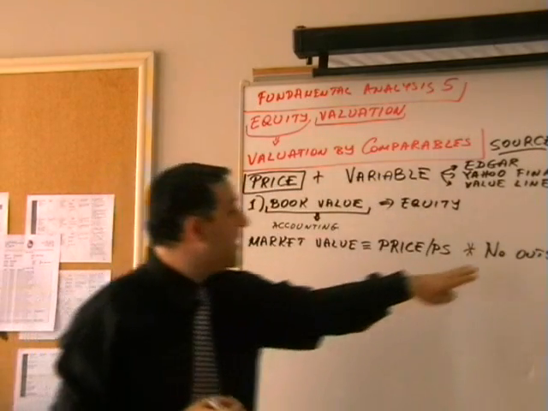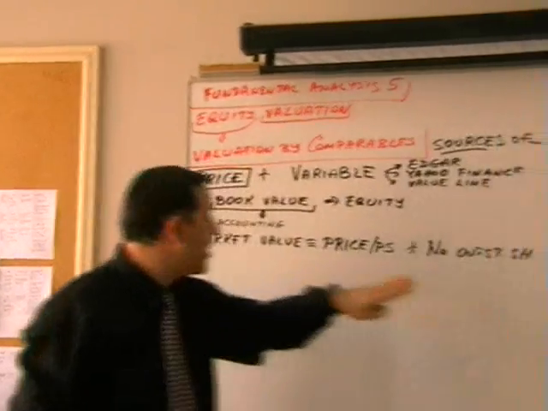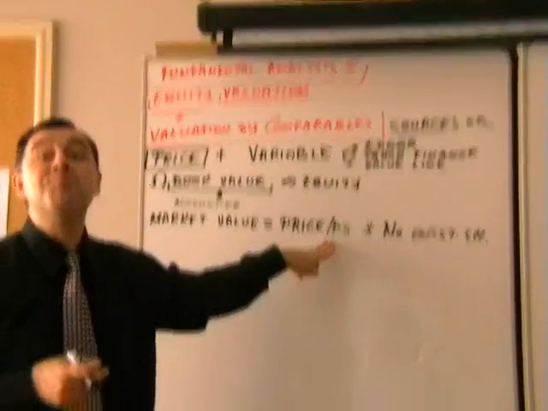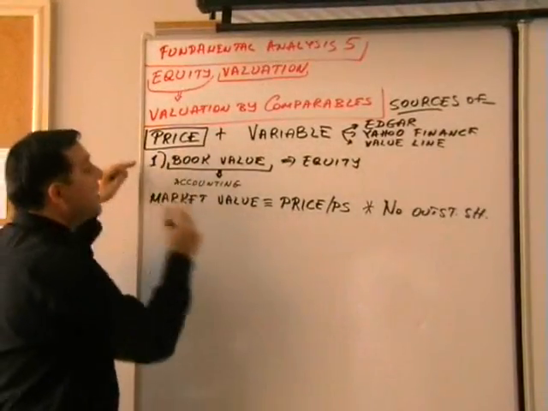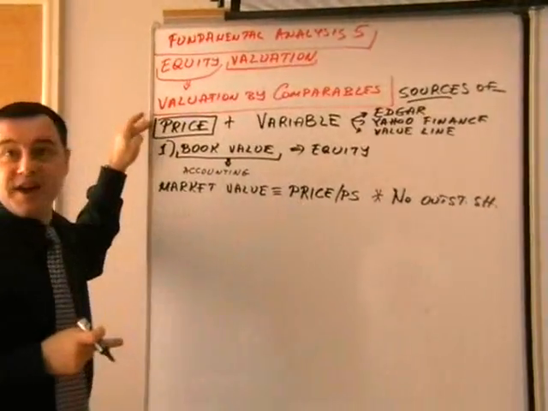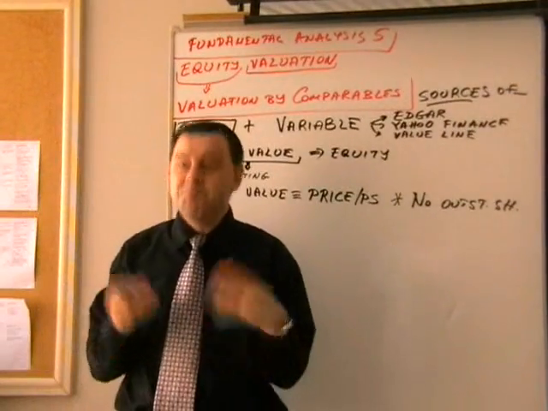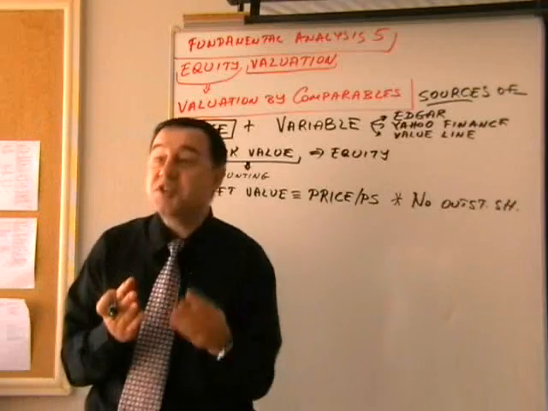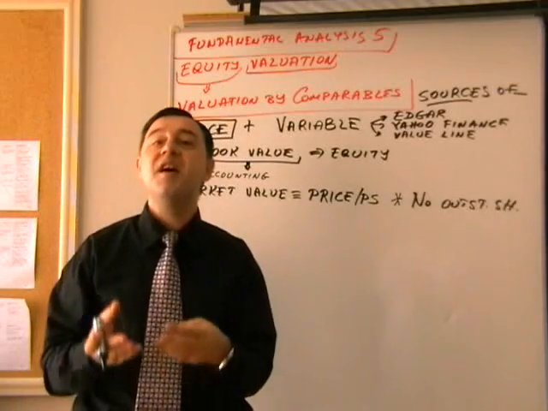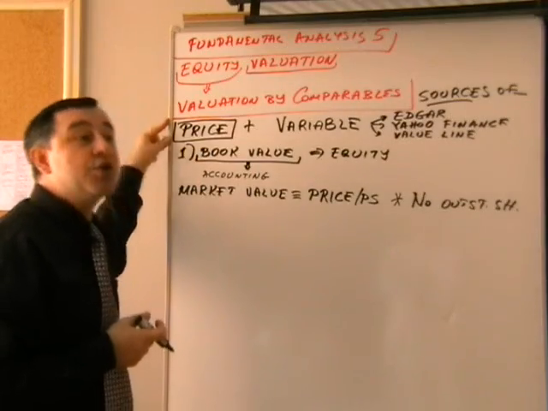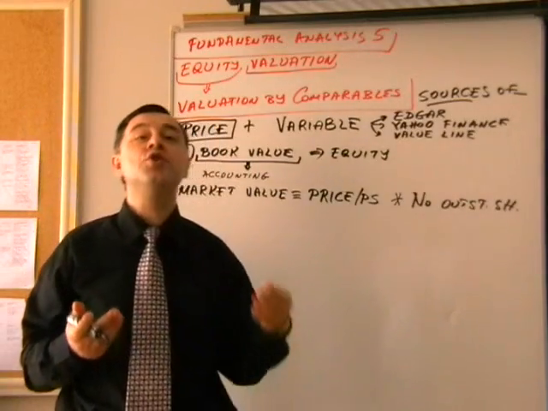It's simply the number of outstanding shares times price per share. But the point is that this is already the price. So, we can't compare market value with the market price because it is the same thing. What we're trying to do is to compare the market price to something else.